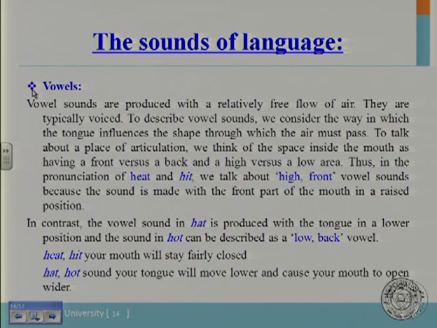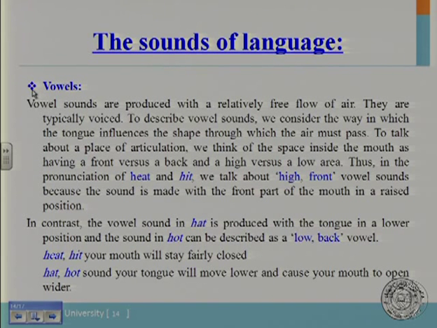What does it mean, high front? The place and manner of articulation here are not described by articulators. They are described as position and shape. So the position is front and the shape is high.